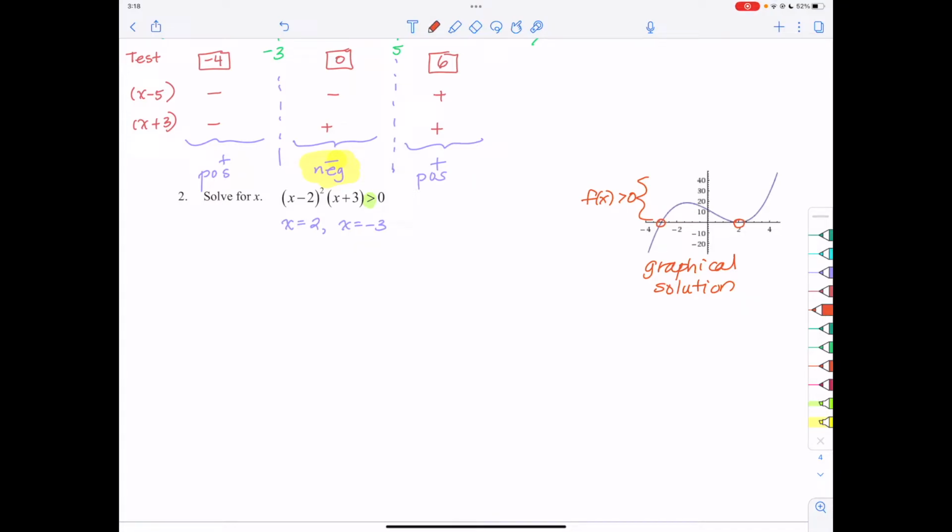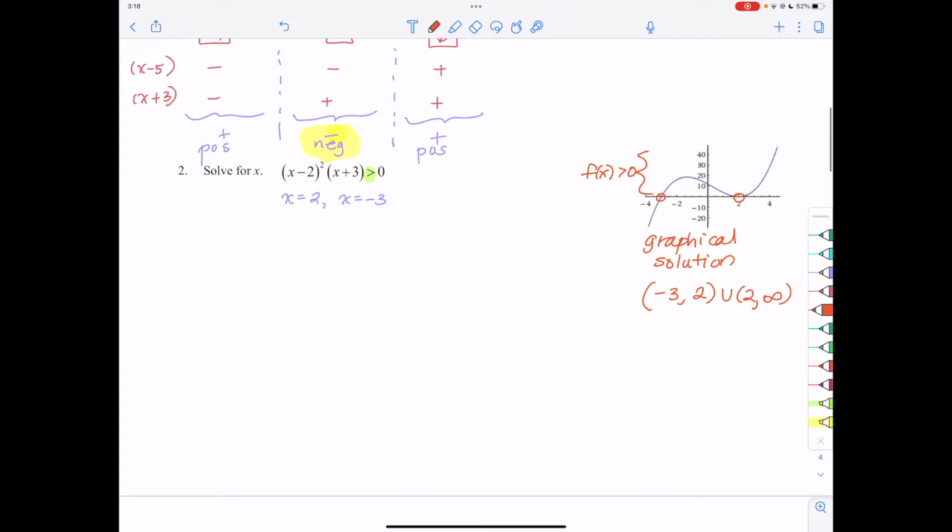So we have -3 going all the way to 2, and then we will begin at 2 and go all the way to infinity. So let's see now if we can find the algebraic solution using our sign chart.